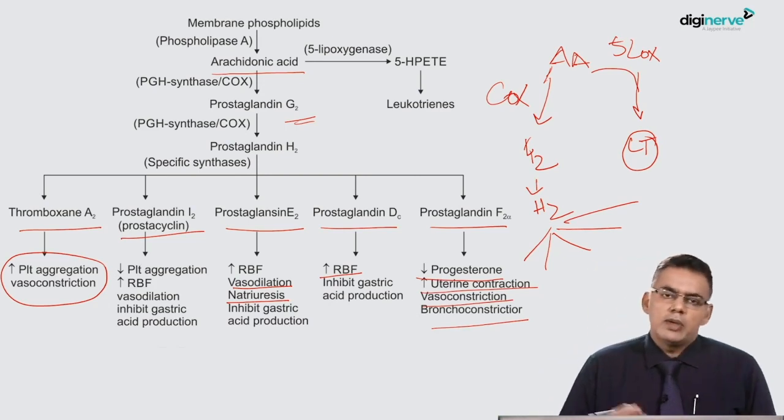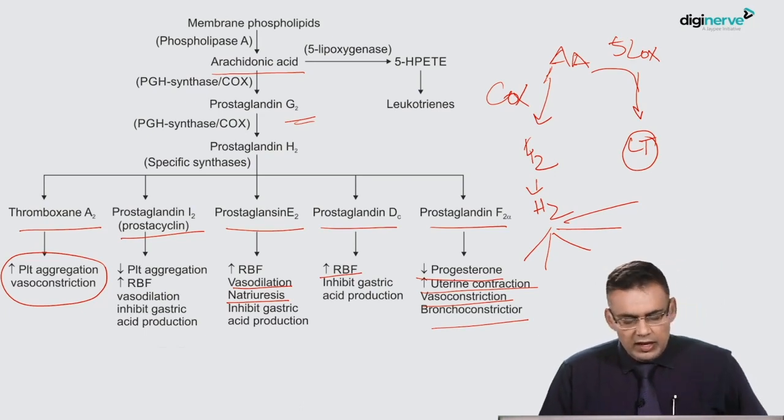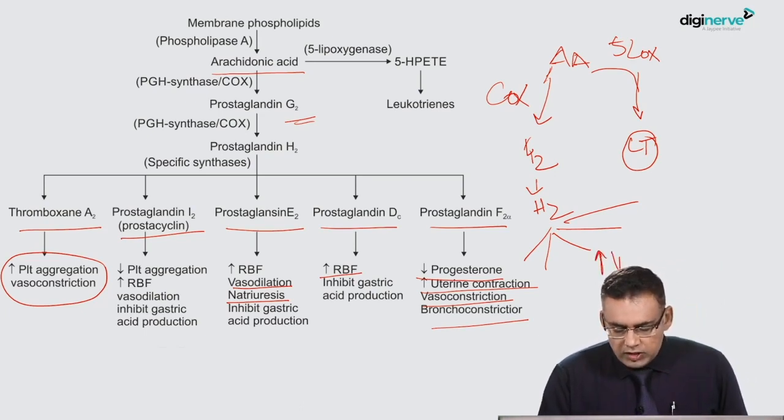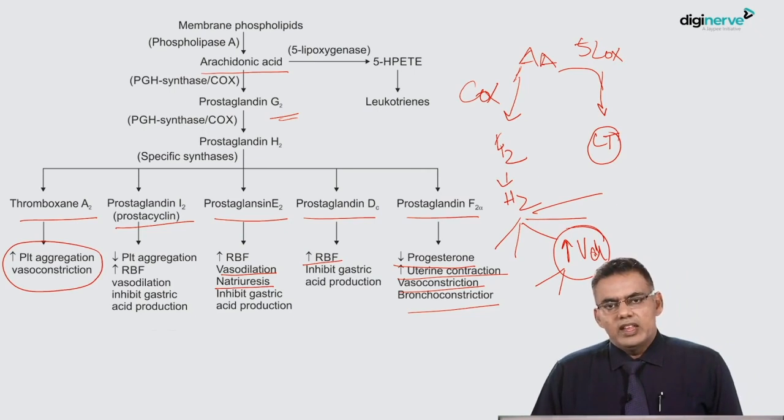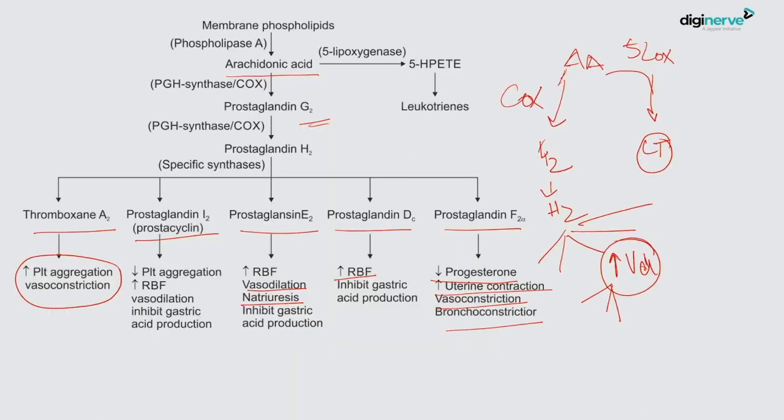So what we see is that because of the release of prostaglandins, there is increase in the blood flow because there is vasodilatation, which is responsible for three major things. Vasodilatation results in redness, it results in swelling, it results in heat, and it also results in erythema.